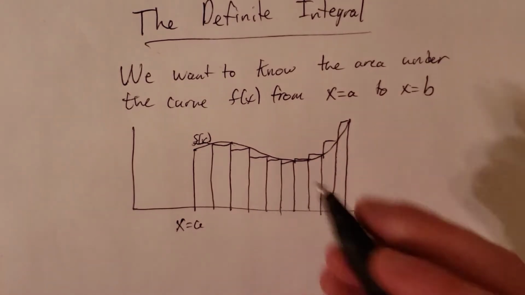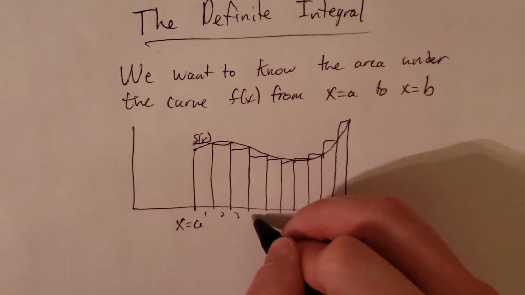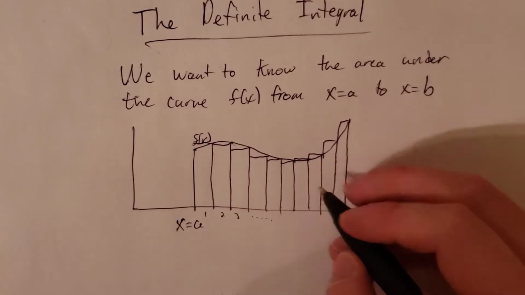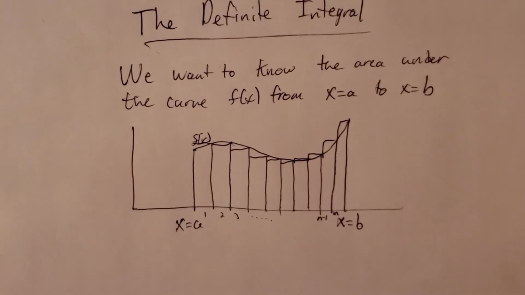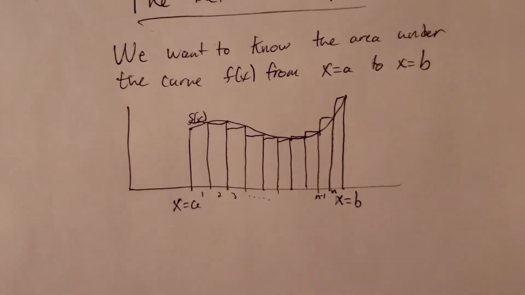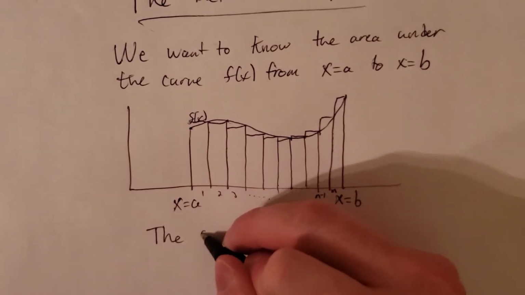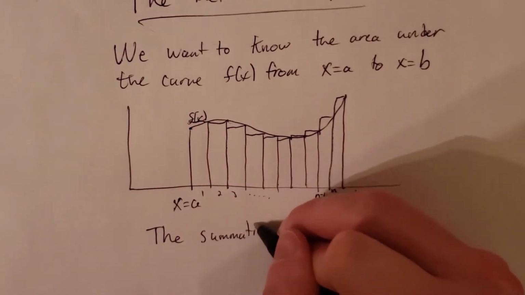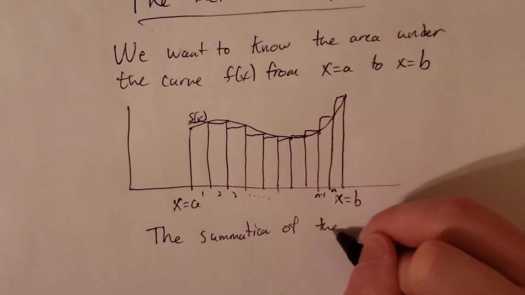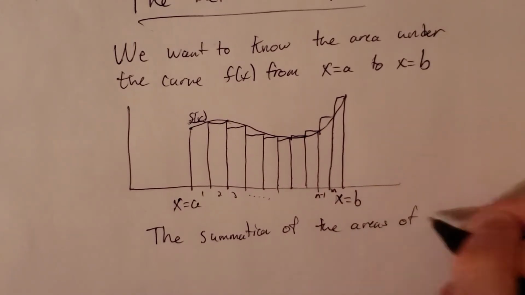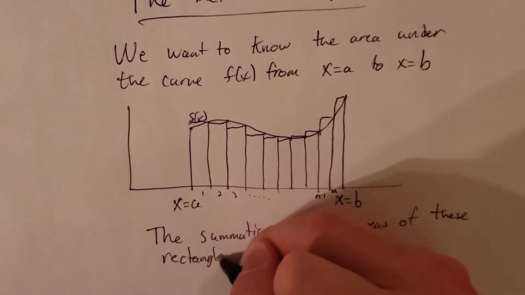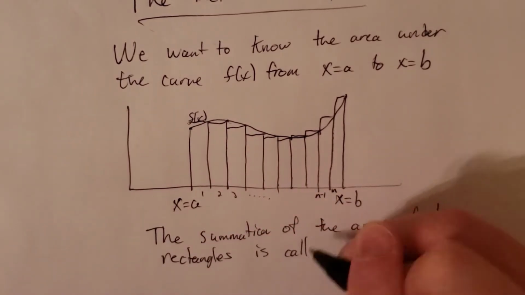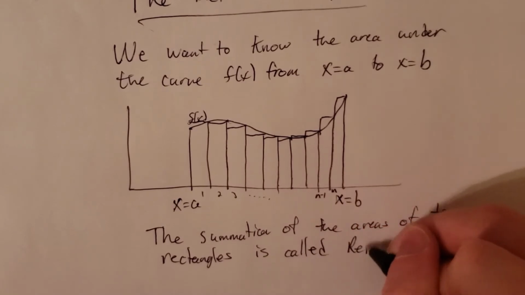And what we have here is we can have 1, 2, 3, all the way up to some number n of rectangles here. And when we do something like this, we say that the summation of the areas of these rectangles is called a Riemann sum.